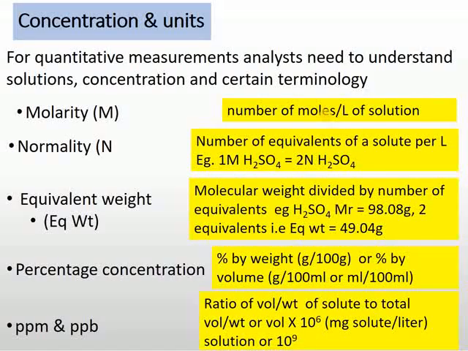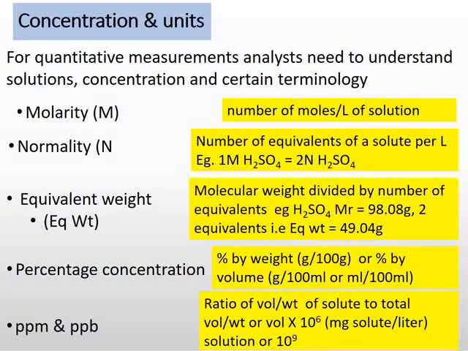Percentage concentration, we all know about that. It's either by volume or by weight. You probably did this in process engineering and mathematics also. So a gram per 100 gram, or a gram per 100 mL, or a mL per 100 mL, will give you percentage. Parts per million happens to be your milligrams per kilogram. And parts per billion will be your micrograms per kilogram.